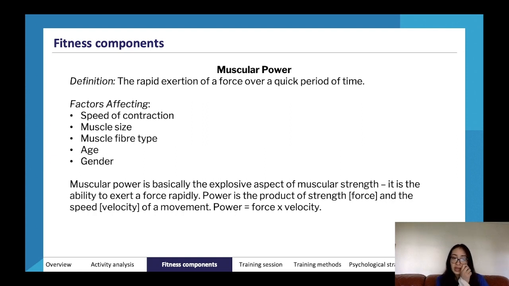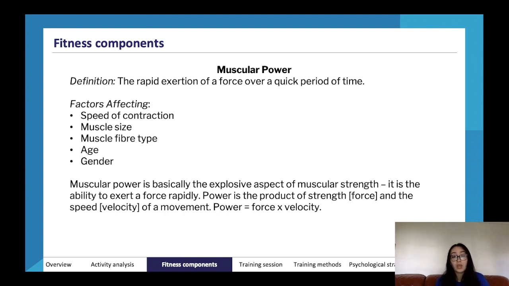Factors which can affect it include the speed of contraction. Faster speed means a greater muscular power because this is a rapid exertion of force. Muscle size: larger muscles means more contractile filaments can be engaged, and as a result you can increase your muscular power. Muscle fiber types: fast twitch muscle fibers will increase your muscular power as opposed to slow twitch, which are not as useful for muscular power.